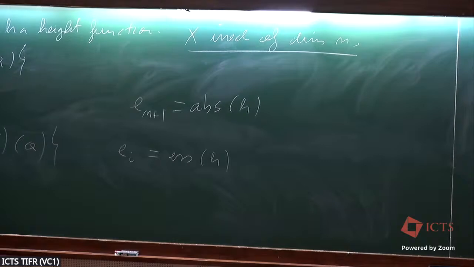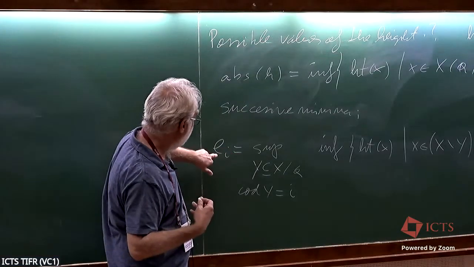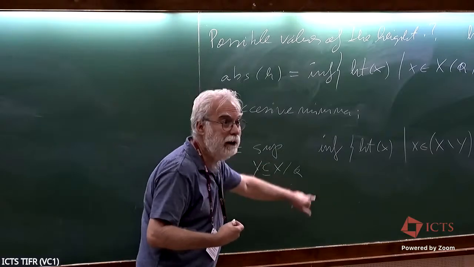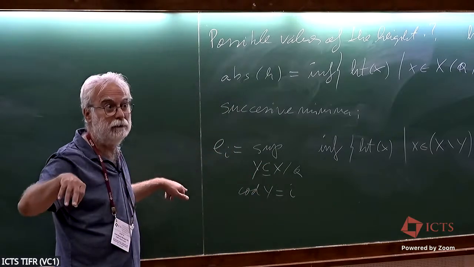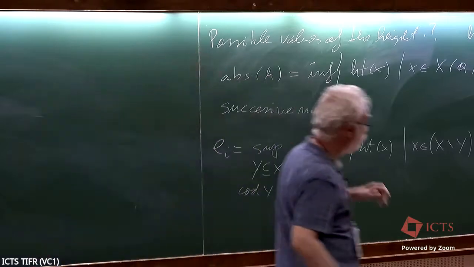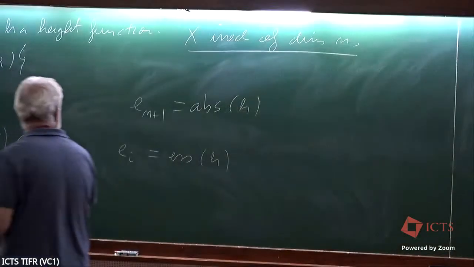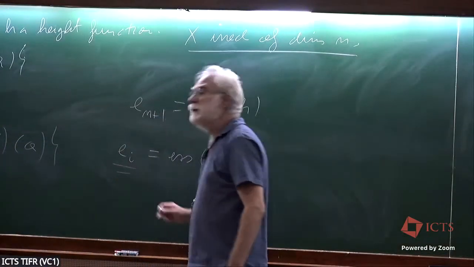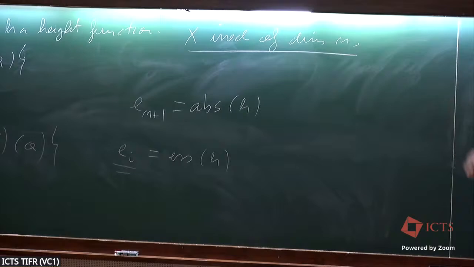And then there are a plethora of minima depending on how much I am allowed to subtract. So for instance, for e sub n, I will only be able to subtract a finite set of points. And this will be the difference. So I have a plethora of minima. And then it is important to know these values, they will tell me a little bit about the distribution of this height function. Okay?